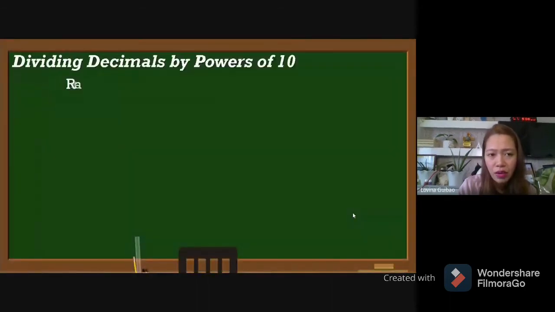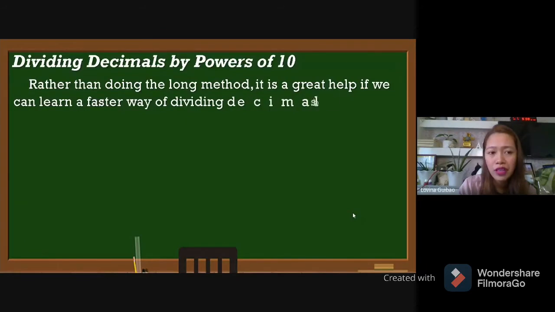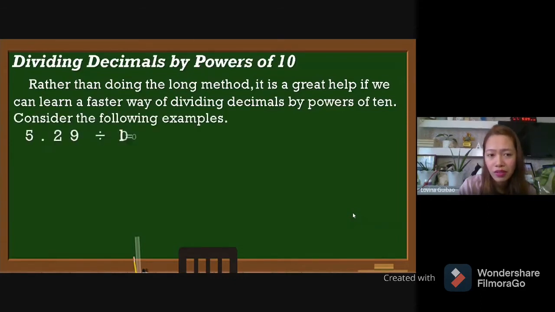Okay, how about if we divide decimals by the powers of 10? Rather than doing the long method, it is a great help if we can learn a faster way of dividing decimals by powers of 10. Instead na gawin natin yung ginagawa natin nun, kapag ang decimals mo ay nasa power of 10, just use the short method.